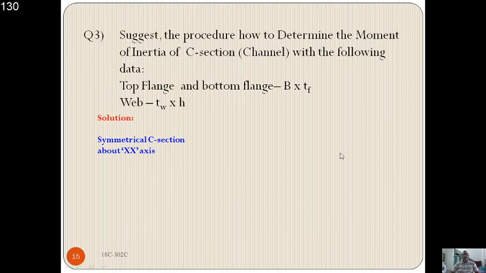So this is the procedure we are following. Then for the channel section also, they are asking to suggest the procedure to determine the moment of inertia of the C section with the following data. Remember, we are taking both the flanges to be the same, the top flange and bottom flange having the same dimension.